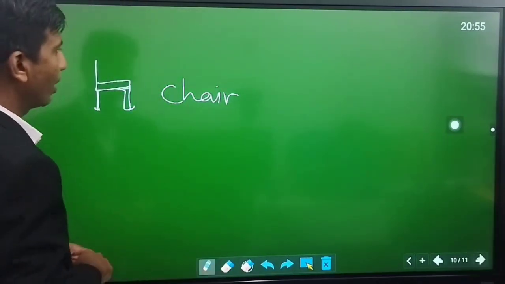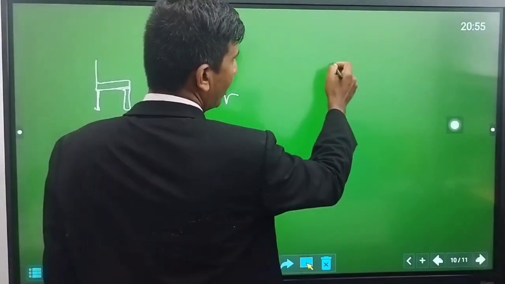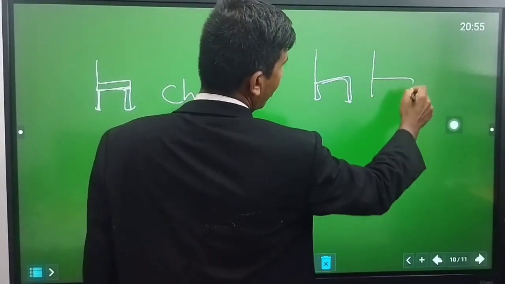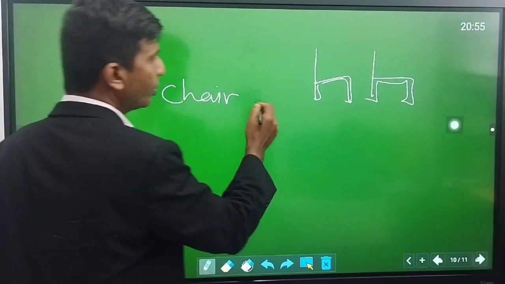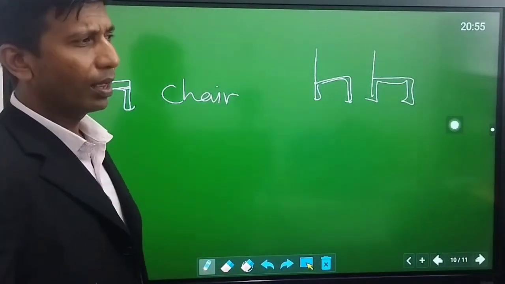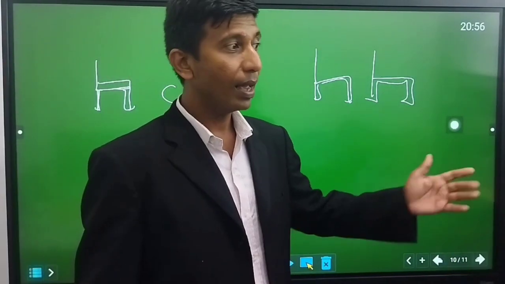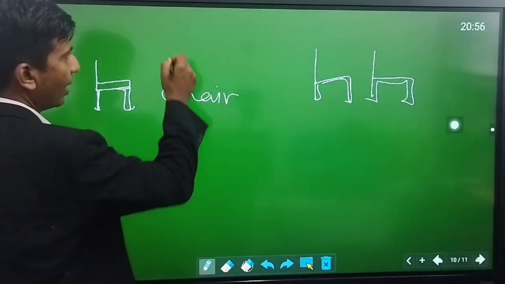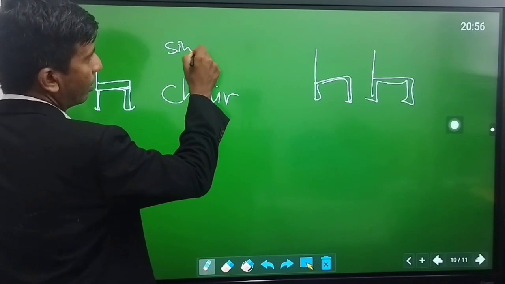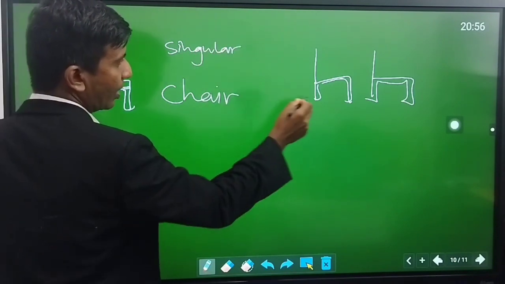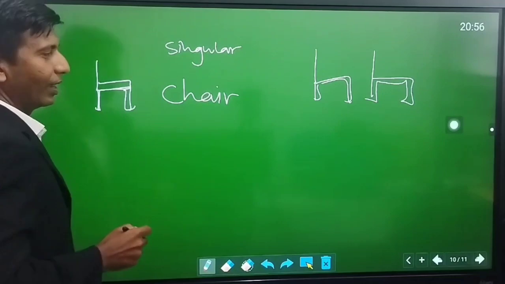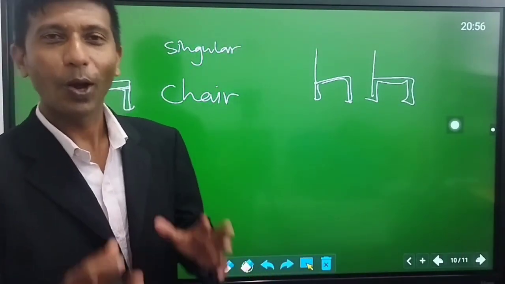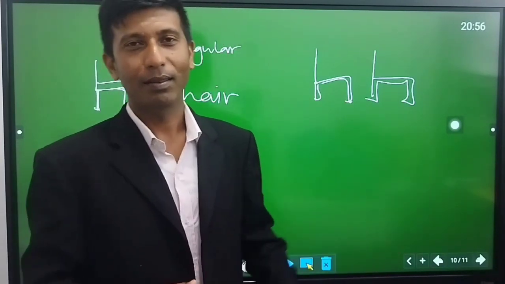Now, how to make it plural? Here I have drawn two chairs. We never say two chair. There are two chairs. It should be chairs. That means chair is singular and chairs is plural. So, when learning nouns, you must know how to form the plurals.